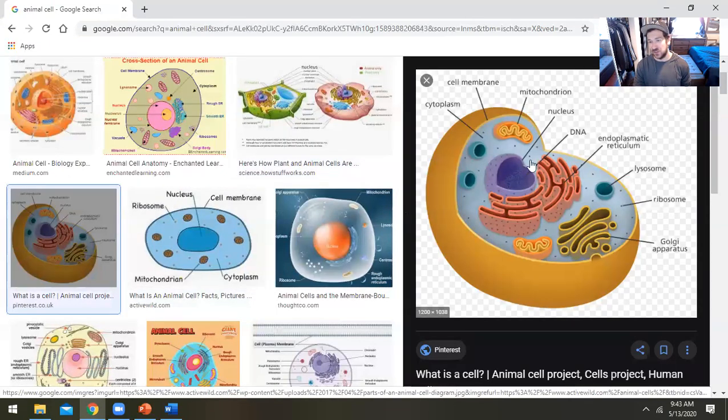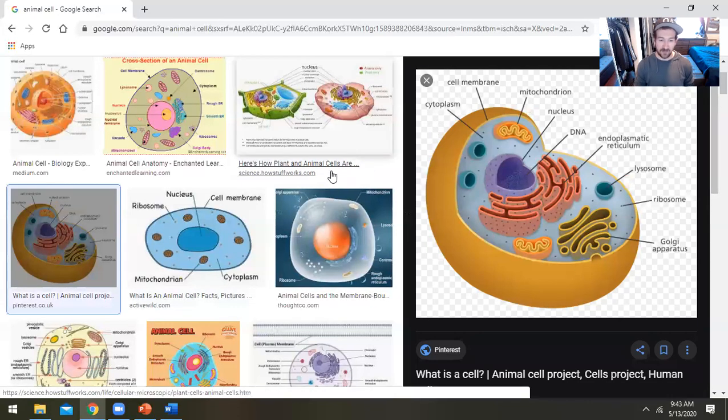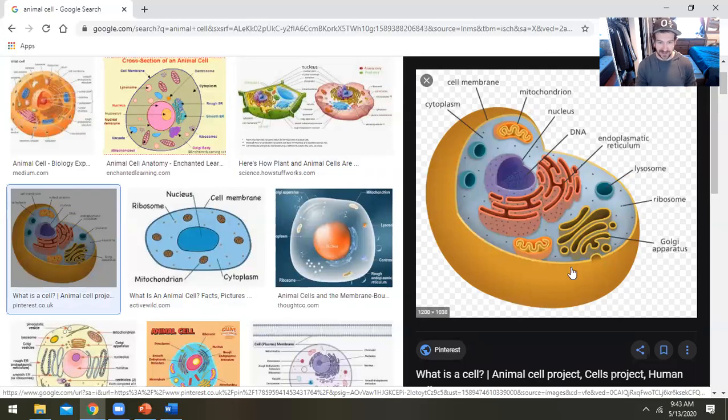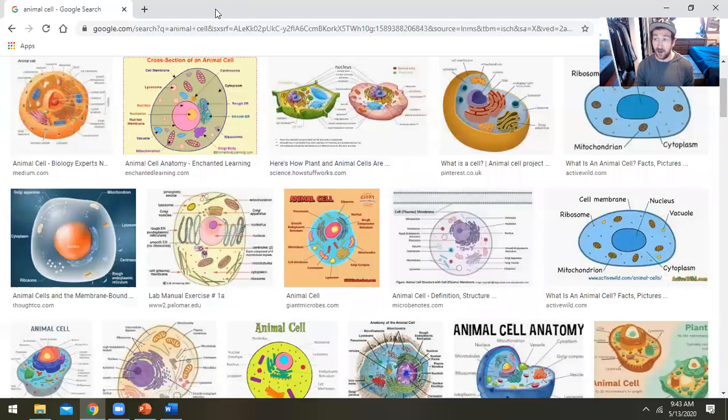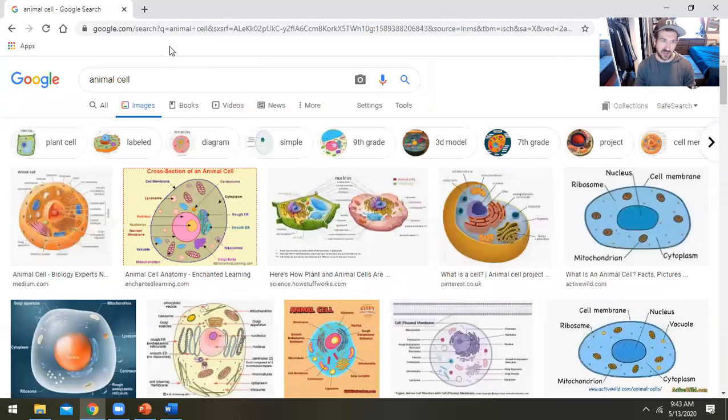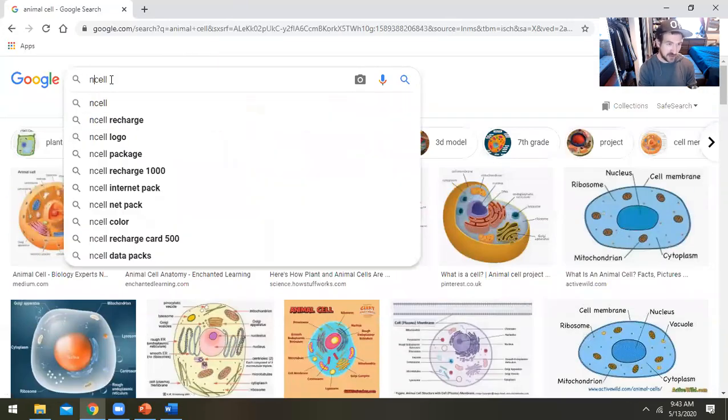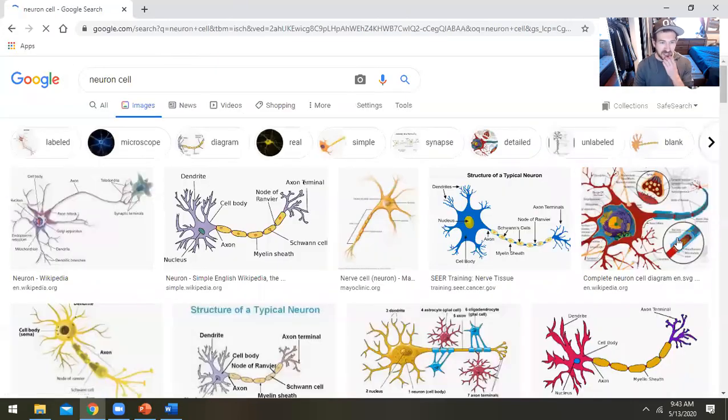It's got a nucleus in the center, and it's got mitochondria, endoplasmic reticulum, and Golgi apparatuses and stuff. That's your classic animal cell. Most of your cells don't actually look like this. They have a form that reflects their function. So a neuron is going to look a little bit different.